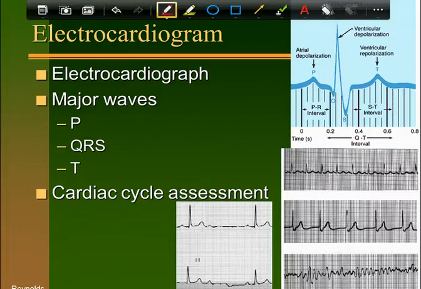All right, so what does this tell you? It tells you lots of things. For example, you've got a picture right here, which is mostly normal, but there's a few little things here. It's very fast, so it is tachycardia. If you look over here, you'll see the P wave is not there, and so there may be a heart block, or the atria are very weak.